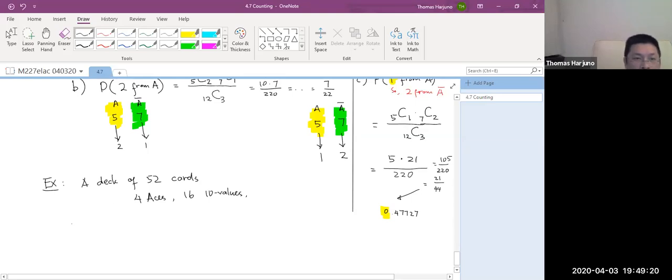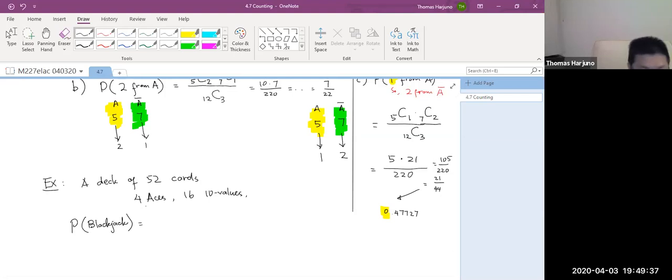Now, if I want to compute the probability for us to get a blackjack, if you remember, we did this problem before, but we used an old method. This time, we have a more advanced method. We have 4 aces.